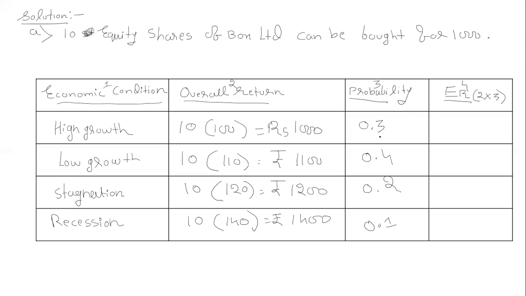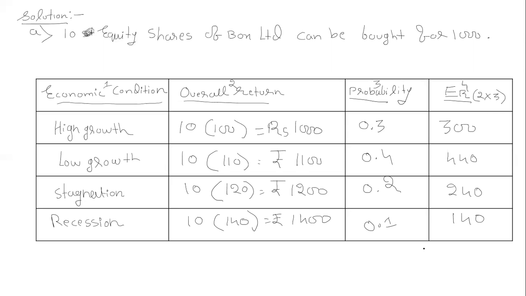So 0.3 into 1000 is 300. Okay, and 0.4 into 1100 is 440, and 0.2 into 1200 is 240, and 0.1 into 1400 is 140.